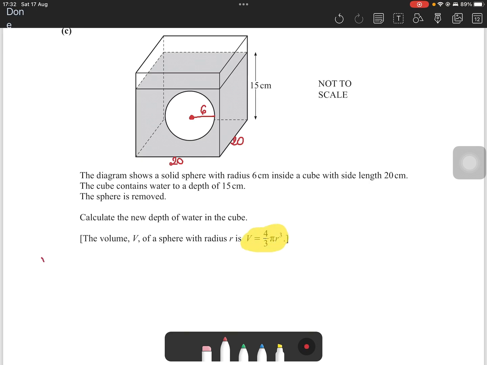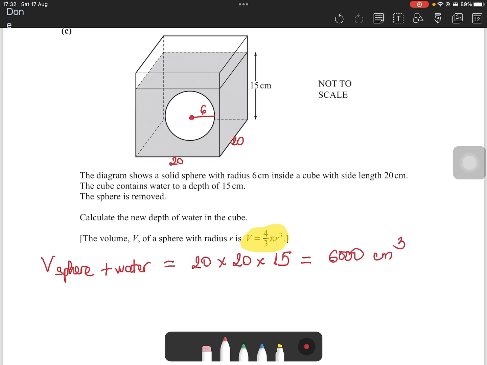So first of all, we find the total volume of the sphere and the water, which means the current volume that we see. It looks like a cuboid, so the volume is 20 times 20 times 15 equals 6,000 cubic centimeters.